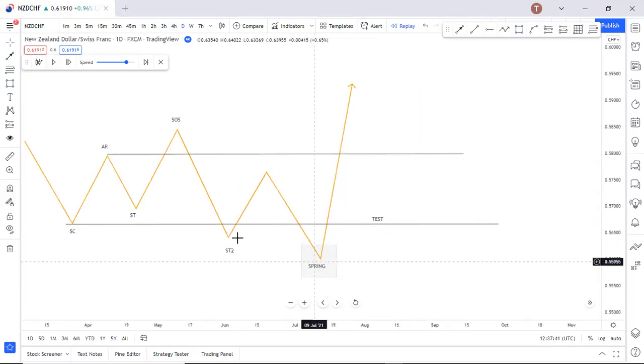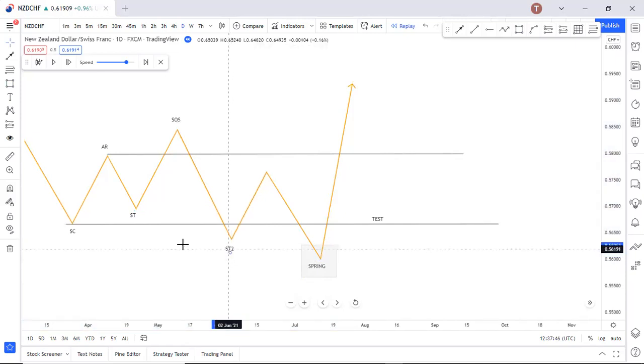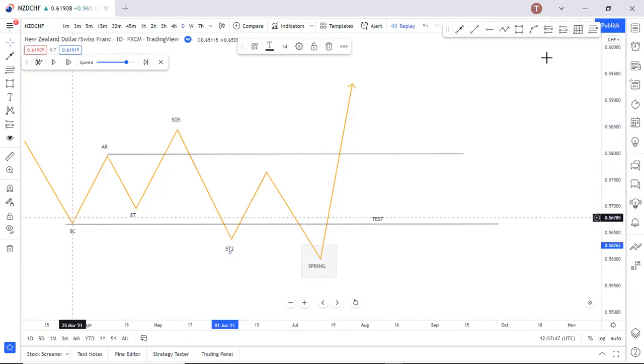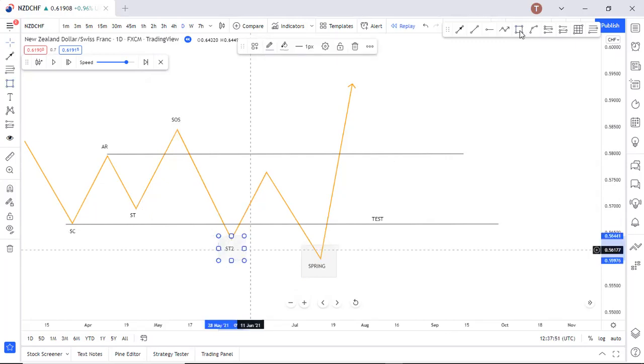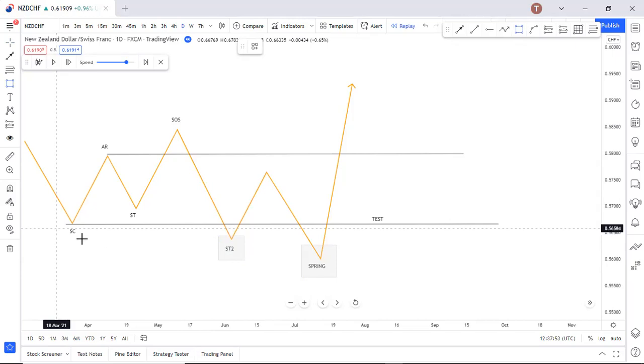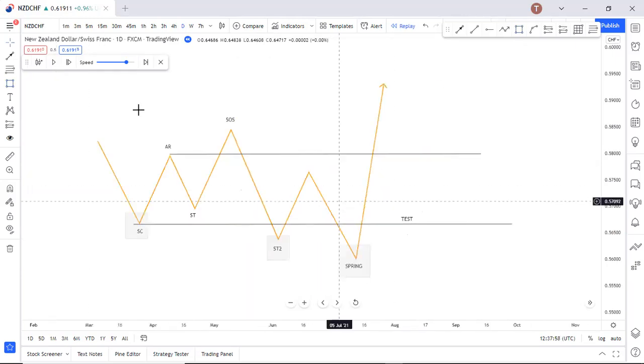Okay, so what you want to train your eyes to see in the market in demand zones is these 3 drives down: the spring, the ST2, and the secondary test. Once you have this, and the spring takes out this, then you know you have a complete accumulation.